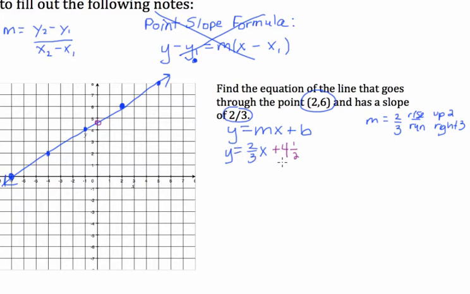Y equals 2/3 x plus about 4.5. My y-intercept being where I cross the y-axis. You can find this exactly if you want to, and I'll show you how. You just have to figure out that b number.